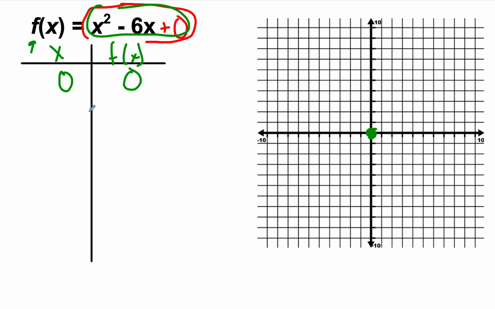What do we plug in next? Why not try 1? Plug in 1. 1 squared is 1. 6 times 1 is 6. 1 minus 6 is negative 5.